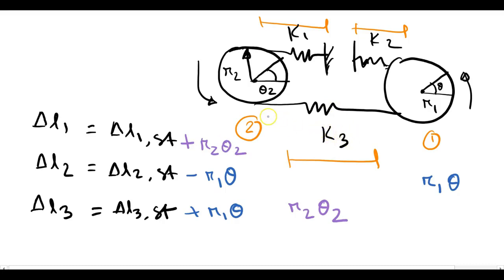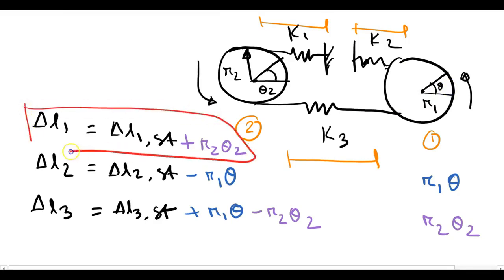For spring 3 it will be shortened, so we write negative r2 theta 2. For spring 2 it will not have any effect because this pulley is not moving. So that's our equation for spring 1, spring 2 and spring 3.